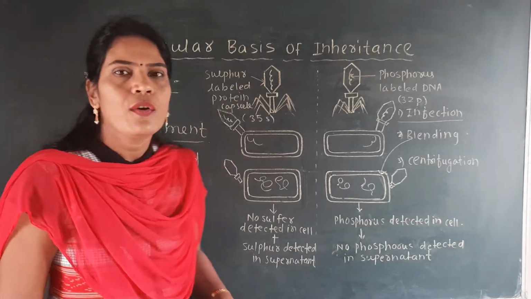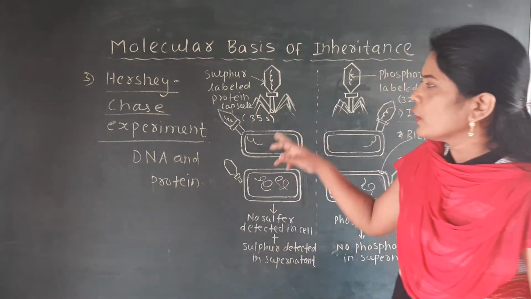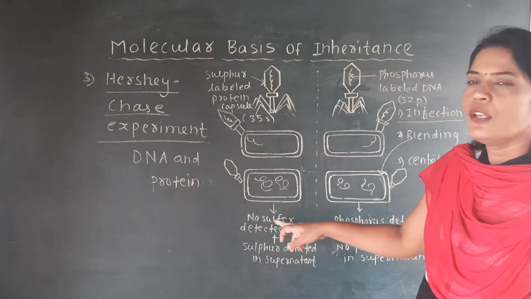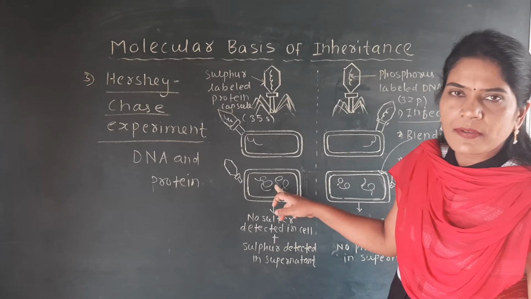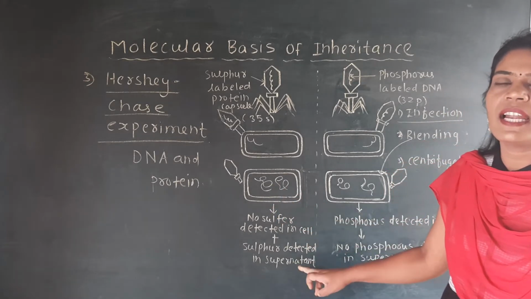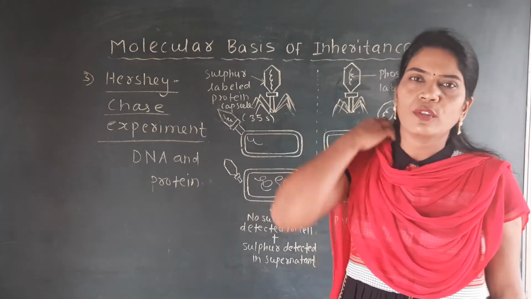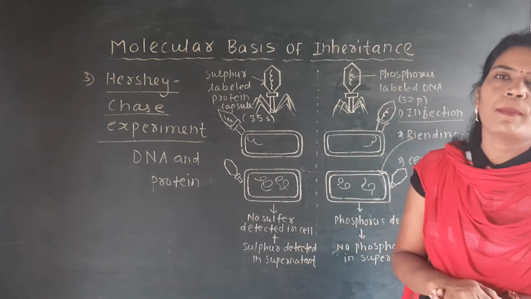In the next figure, the bacteriophage which is grown in the sulfur medium, after centrifugation sulfur is not found in the bacterial cell, but you will get that sulfur in the supernatant. That means sulfur remains in that liquid portion, it does not enter inside the bacterial cell.